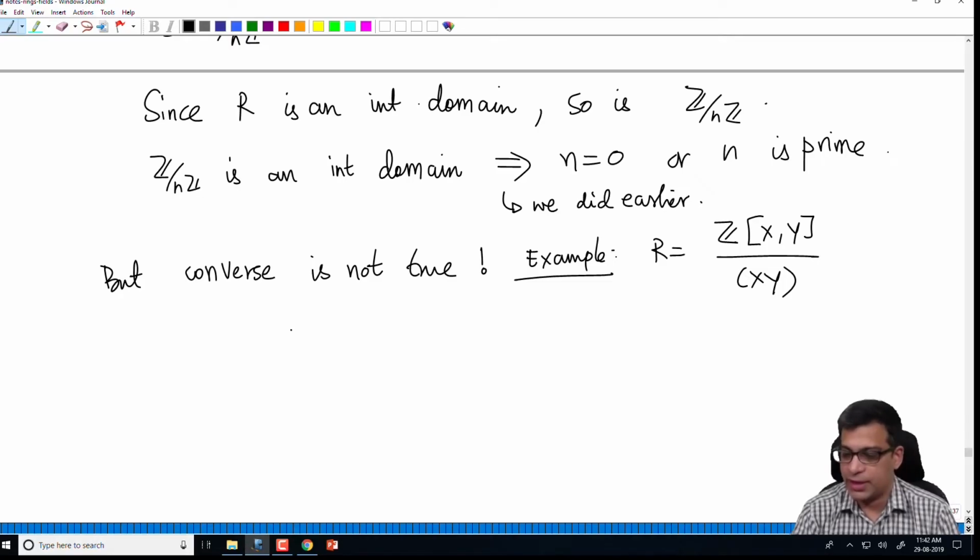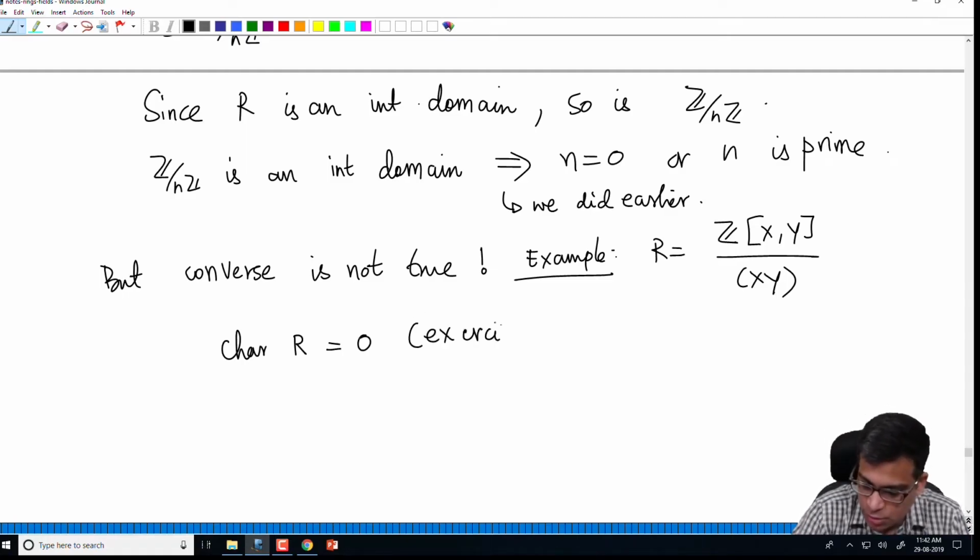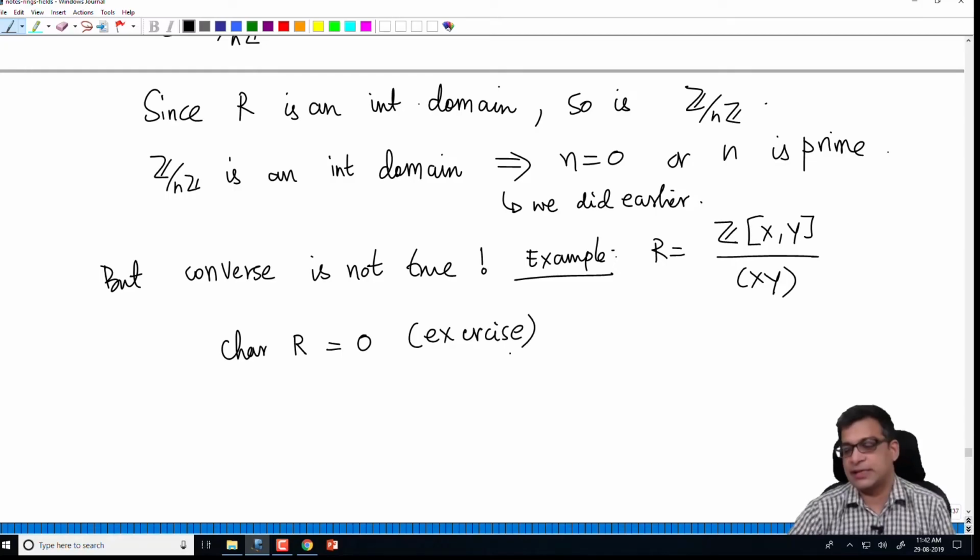So what is the characteristic of R? The characteristic of R is 0. This I will leave as an exercise. The point is Z is a subring of this, because constants can be viewed as a subring of Z[x,y], and then you are killing xy, so you are not killing any integer. So Z continues to be a subring of R.